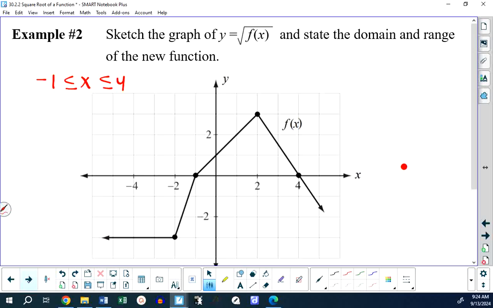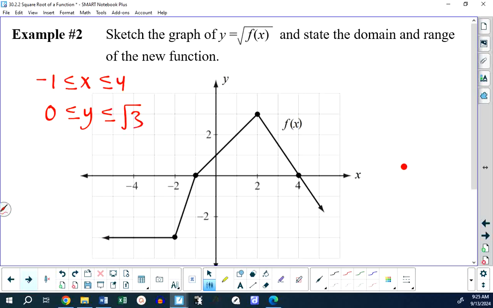With a little bit of thought, you should be able to tell me what the maximum value of y will be. It's going to be root 3. Not put root 3 in your calculator and go 1.73. Root 3. We're in Math 30 here.